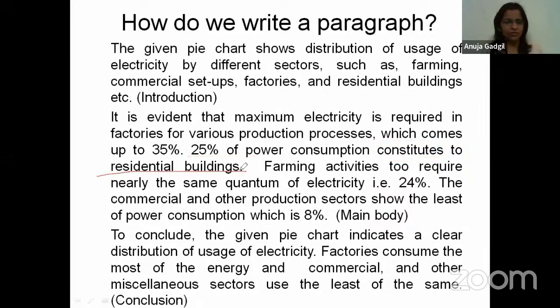Residential buildings. They use 25% of electricity. Then how much electricity is used in farming activities? 24%. The commercial and the other production sectors show the least of power consumption, which is 8%. So both of them, commercial and other sectors, they use 8% of electricity. So we have written the main information given in the pie chart like this.